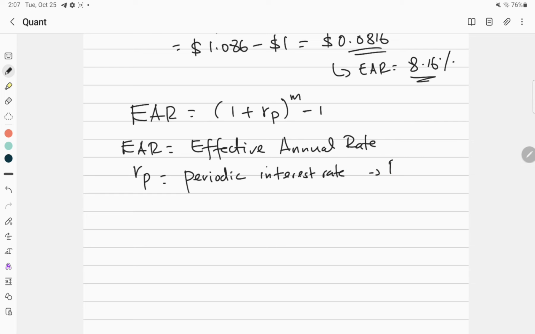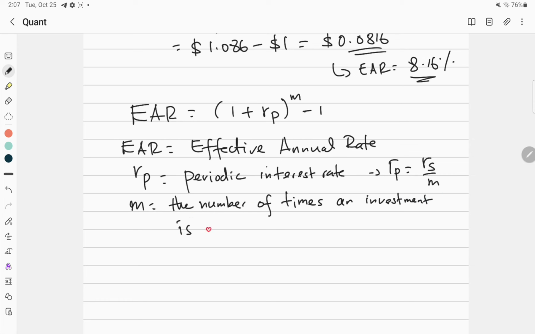And this RP is given by RS over M, where M is the number of times an investment is compounded per annum, annually.